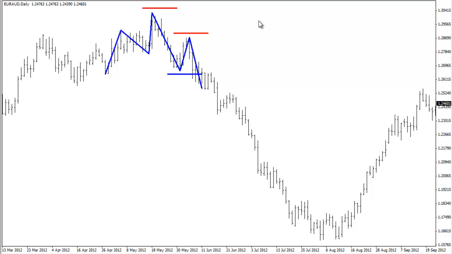It should be either behind the head or behind the shoulder, this being the higher reward to risk trade, this being the higher probability trade. Depending on your psychology and your trading profile, that will depend on which way you choose to trade. But we can see clearly the first shoulder, the head, and the second shoulder of that pattern.